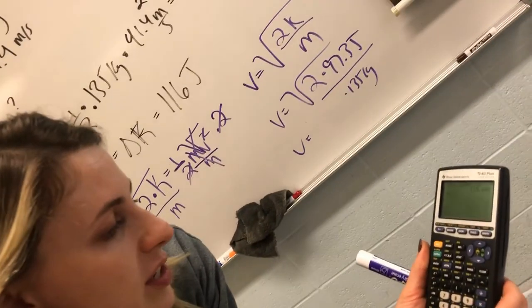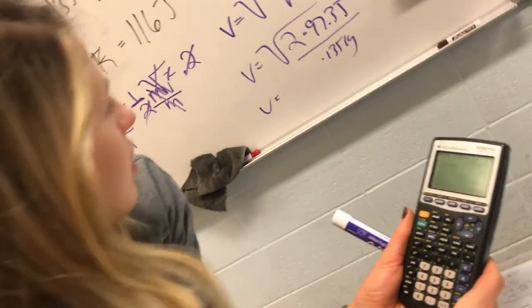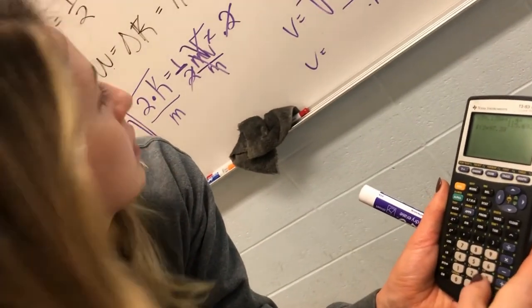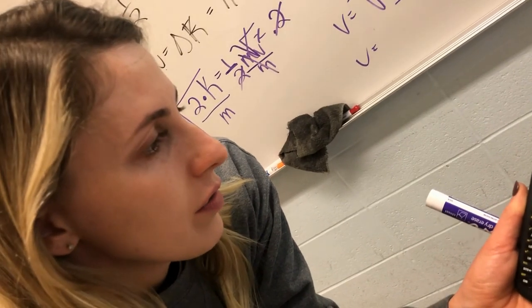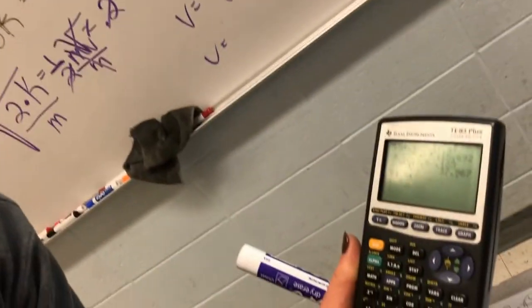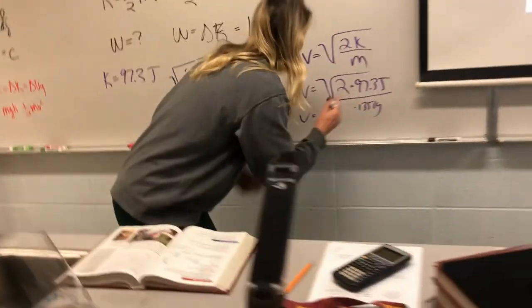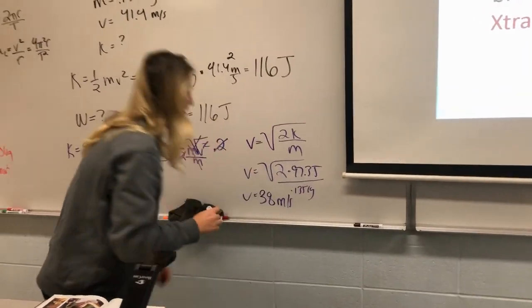You can just write it in one line, like a sentence: square root, then 2 times 97.3, then divide by 0.135. I think we're good. I'm going to get about 38 meters per second. That's fast. Try hitting that one when it comes at you.